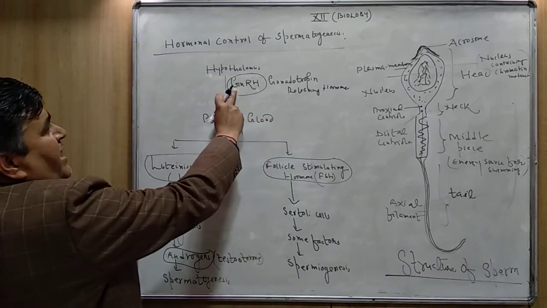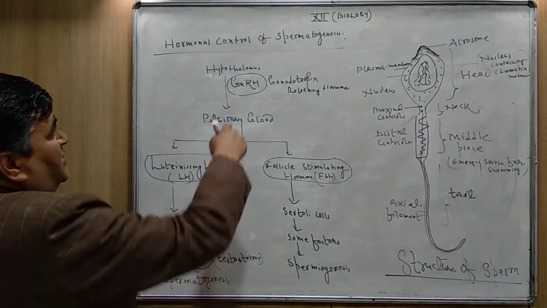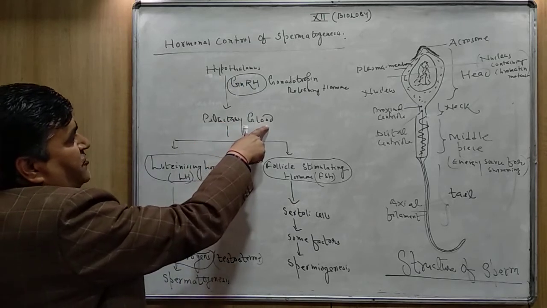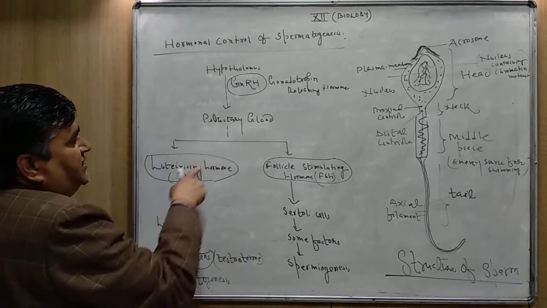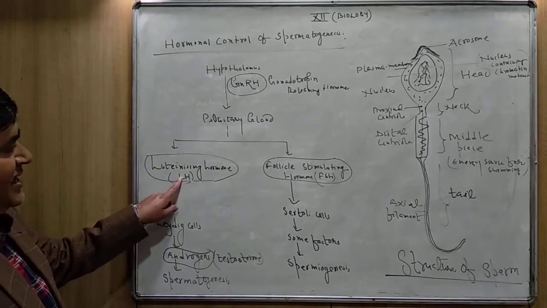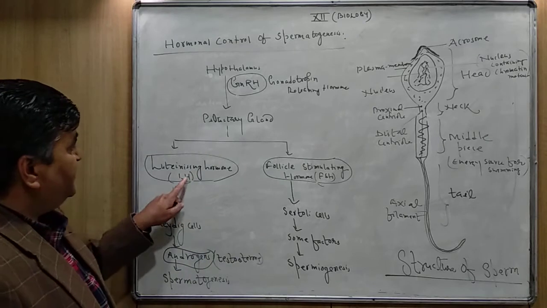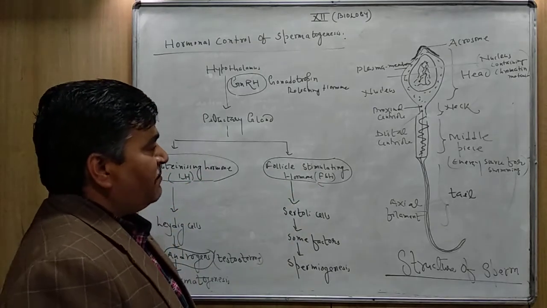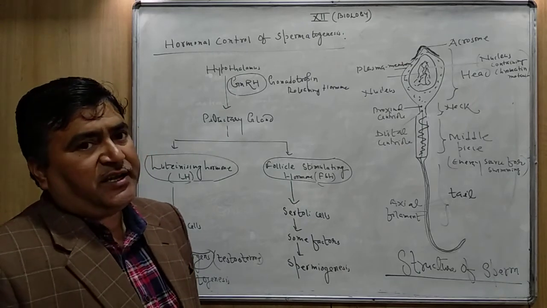This gonadotropin releasing hormone comes from the hypothalamus and stimulates the pituitary gland for the secretion of these two hormones, and these two hormones are LH and FSH. LH means luteinizing hormone, and the second one is the follicle stimulating hormone.